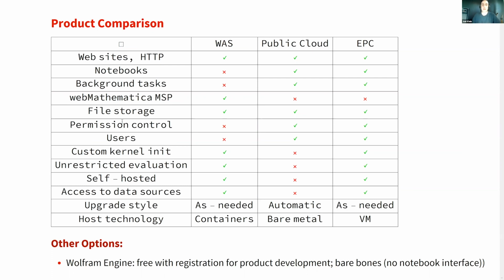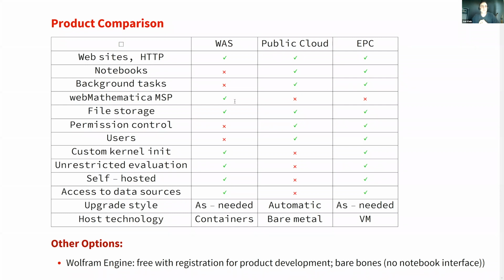So all three of these are going to support basic serving of websites and writing HTTP responses in Wolfram Language. Notebooks are a differentiator. WAS does not have notebooks. It's just not part of its mission. Public and private cloud, this is a core part of its mission. Background tasks, WAS does not currently have, whereas the cloud does.